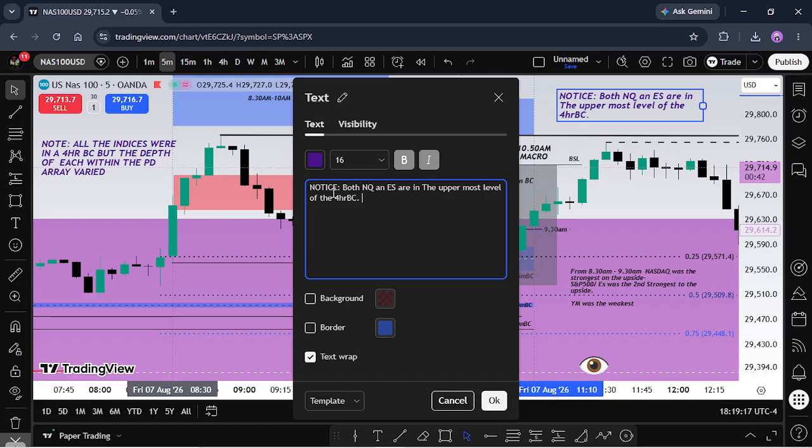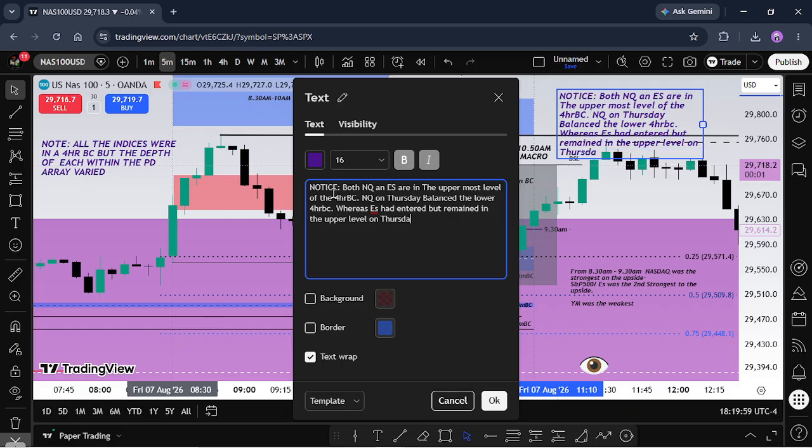And then NQ yesterday on Thursday balanced the lower 4-hour BC, whereas ES had entered but remained in the upper level on Thursday. Beautiful stuff.